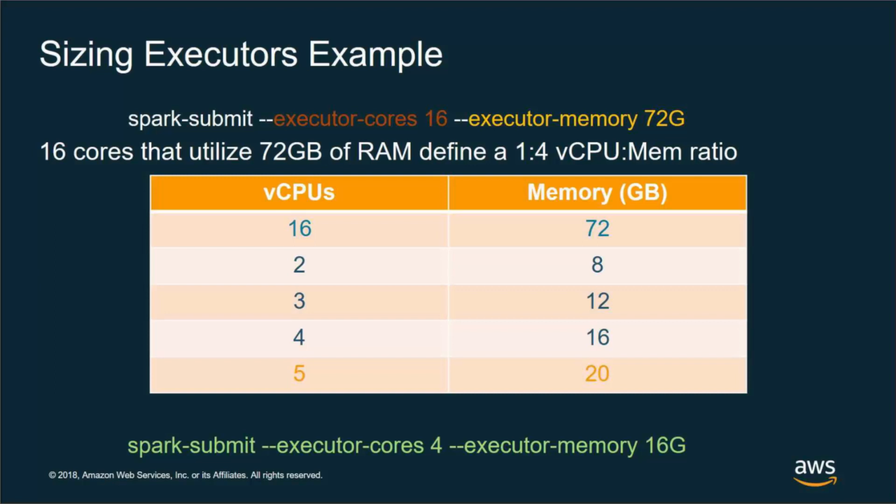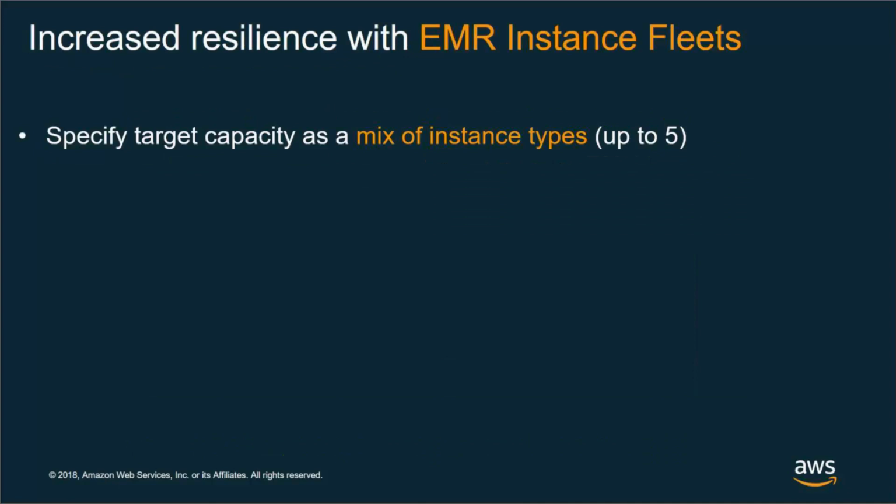Let's dive a little bit into that before we show this in the actual console. If you're familiar with EMR uniform groups, which is the initial, default configuration option of EMR, you know that you have the master, core, and task node types that we talked about before.